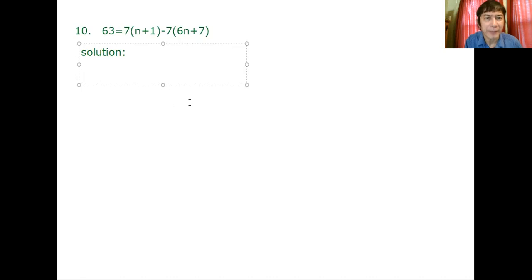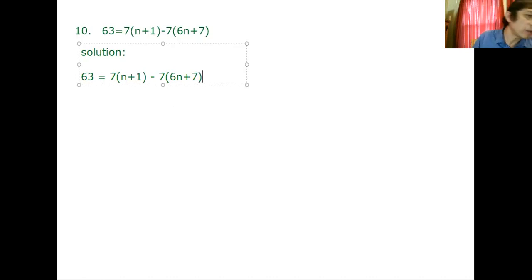All right. Let me show you how we shall continue. We have here 63 equals 7 times the quantity n plus 1, and this is minus 7 times the quantity 6n plus 7, and then we shall try to divide each by the 7.